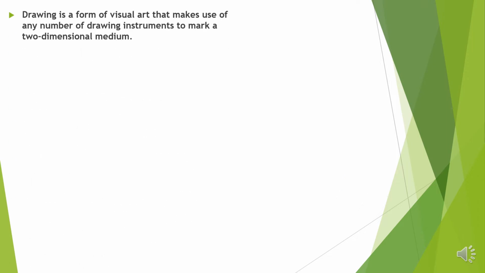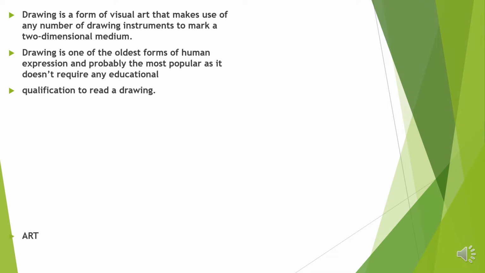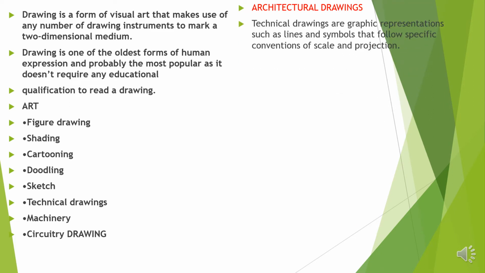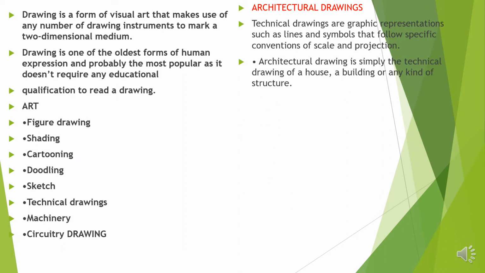Drawing is a form of visual art that makes use of any number of drawing instruments to make a two-dimensional medium. It may be in the form of art, figure drawing, shading, cartooning, doodling, sketches, technical drawings, machinery drawings, and many more. Architectural drawing is a graphical representation using lines and symbols, and follows certain conventions and rules on scales and projections.